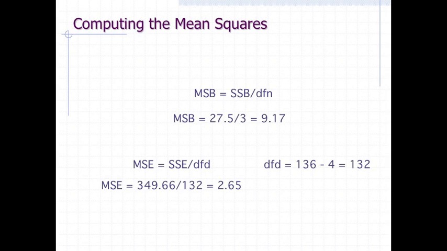Therefore, for these data, MSE equals 349.66 divided by 132, which equals 2.65, which is the same value as obtained previously by calculating the mean of the sample variances, except for rounding error. Note that the DFD is often called the DFE for degrees of freedom error.